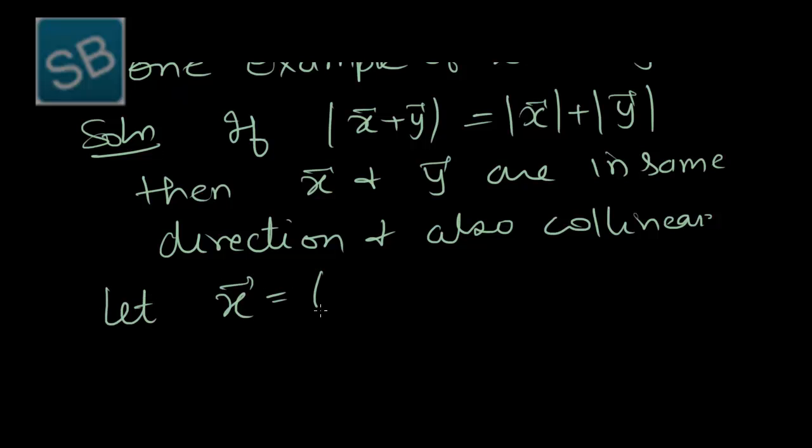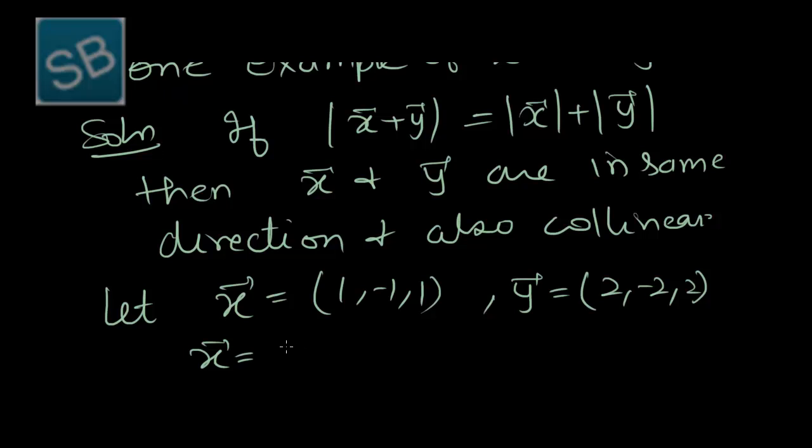Let x be 1, minus 1, 1, and vector y be 2, minus 2 and 2. So you can see vector x is 1, minus 1 and 1. And if we multiply it by 2 and divide by 2, it becomes 2, minus 2 and 2.